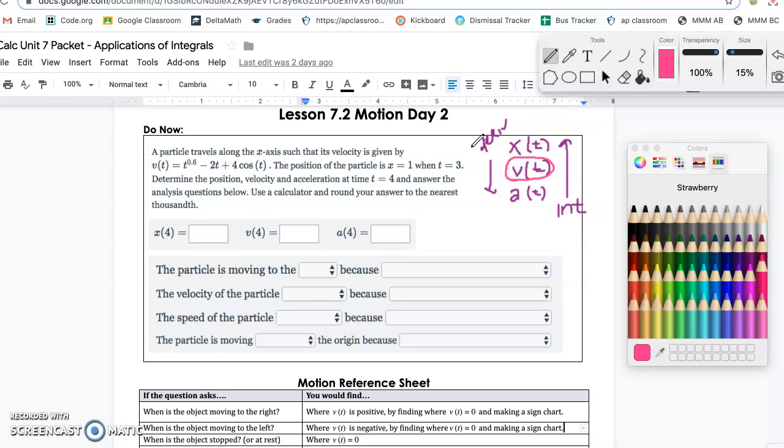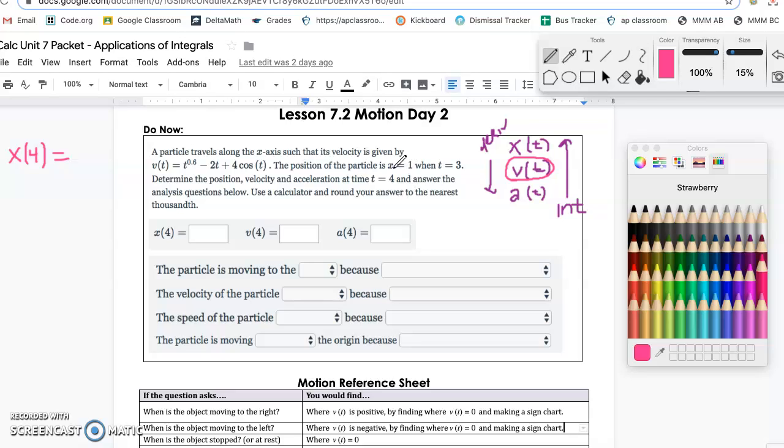I'm going to write x of 4 equals, and remember, to find the position of the particle, we say the original position plus the integral from the original to the final of v of t.